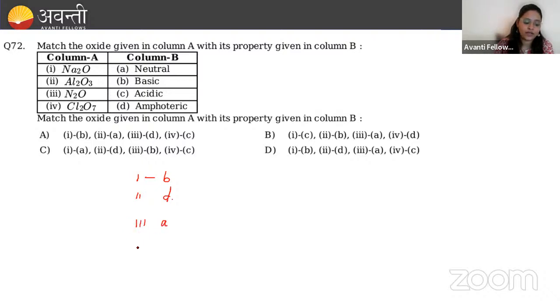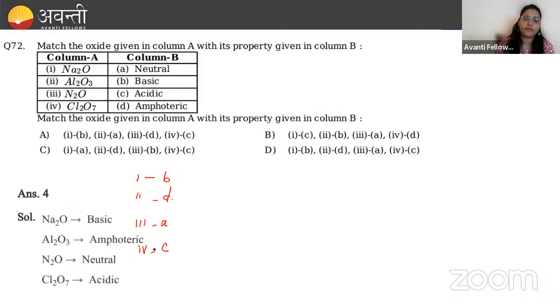And Cl2O7 is acidic in nature. So which one is the correct option here? 1B, second D, third A, and 4C. So option D is the correct answer here. These are the oxides whose properties match with column B.